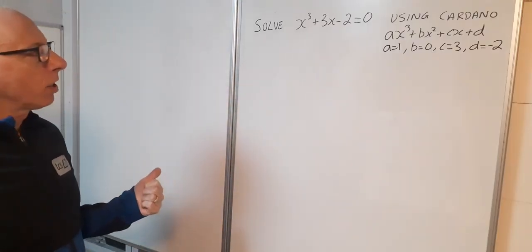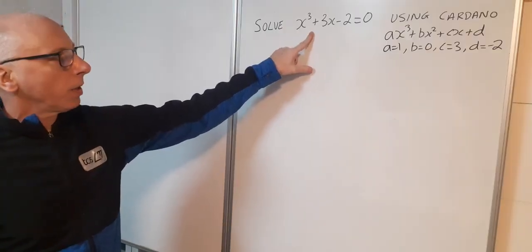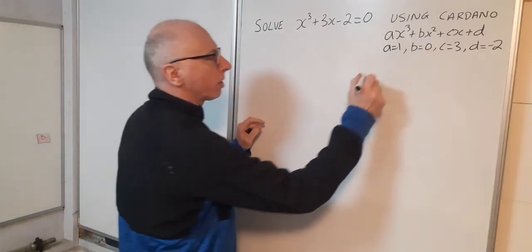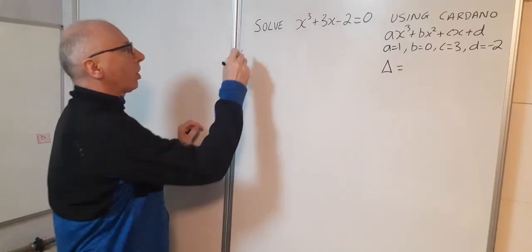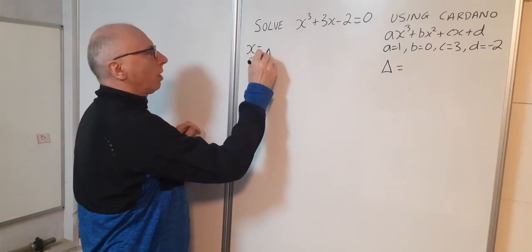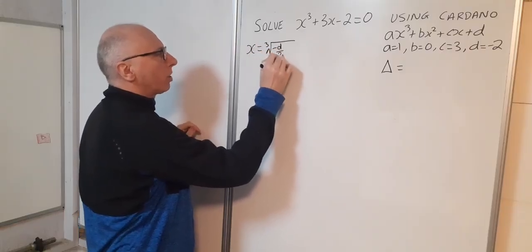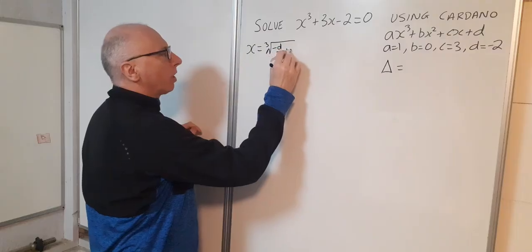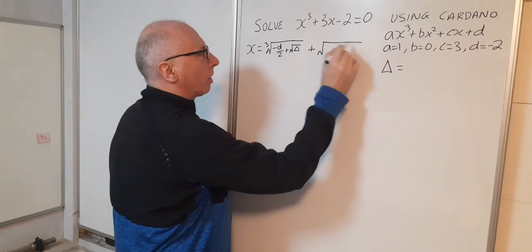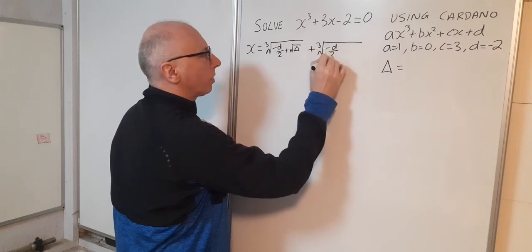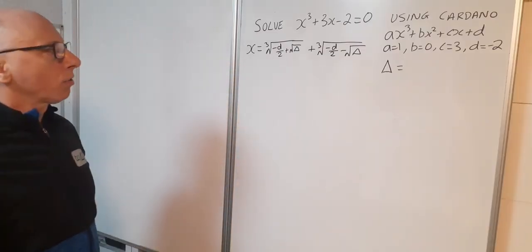Now to find solutions in terms of the real solution for this, I want to find a discriminant, which I'm going to show you what that is in a moment, and I'm going to show you how to find the real solutions, which is the cube root of minus d over 2 plus square root of that discriminant, and then I'm going to add to that the cube root of minus d over 2 minus square root of the discriminant.